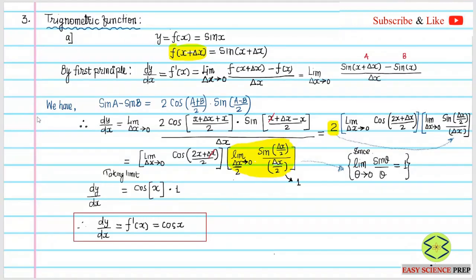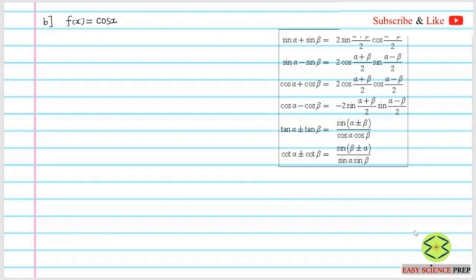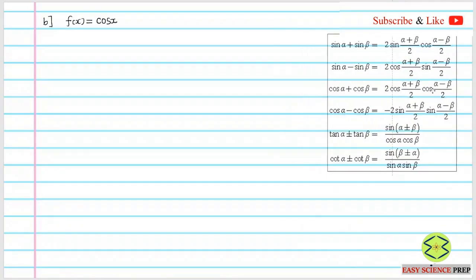We can also take the trigonometric functions cos x, tan x and sec x, and individually we can derive for each of them. It is quite possible. So let me take another one, cos x here. So f of x equals cos x. I am keeping it here for your understanding. You can refer to them whenever required.